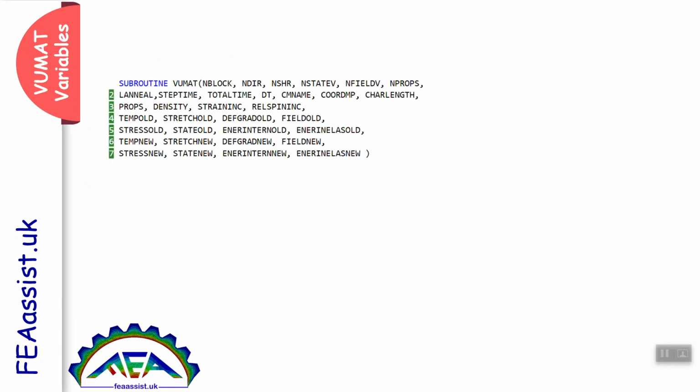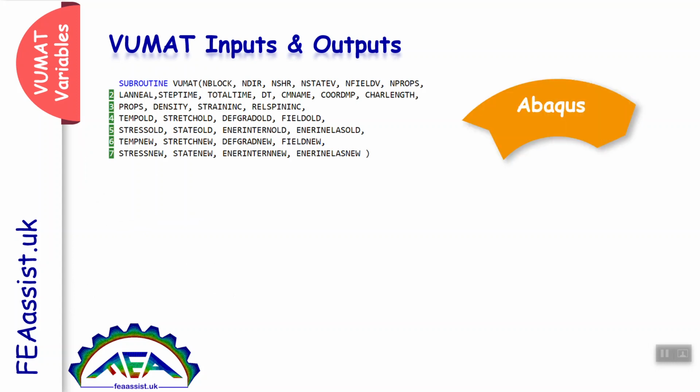The important thing about learning the VUMAT subroutine is its inputs and outputs. VUMAT has some variables. Some of them are inputs from Abaqus. In VUMAT, we process the inputs and export the processed inputs as outputs. Actually, these variables are computed in Abaqus.